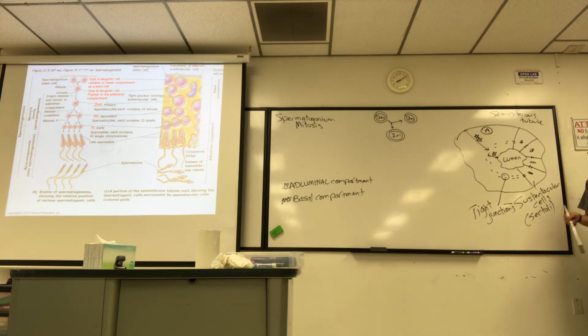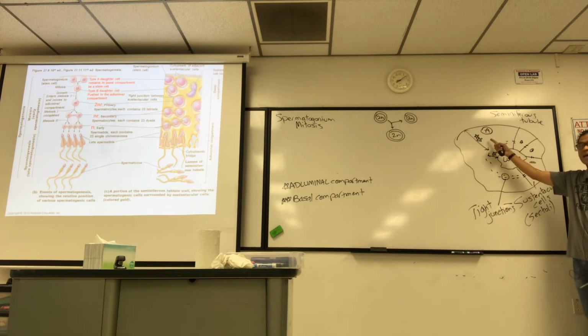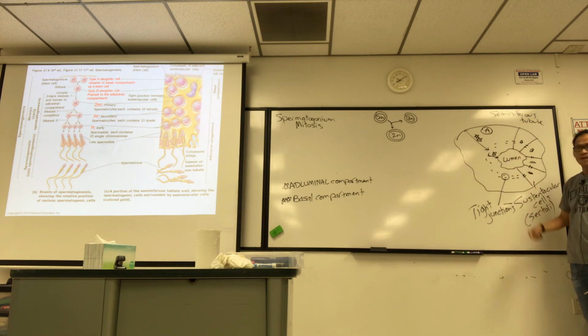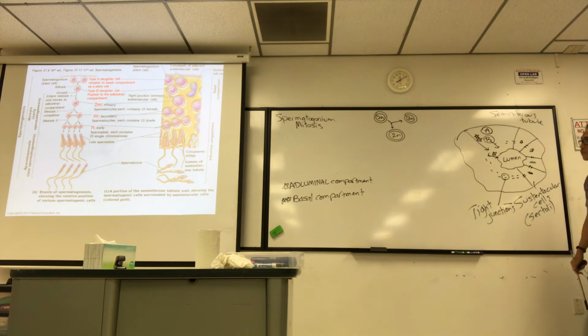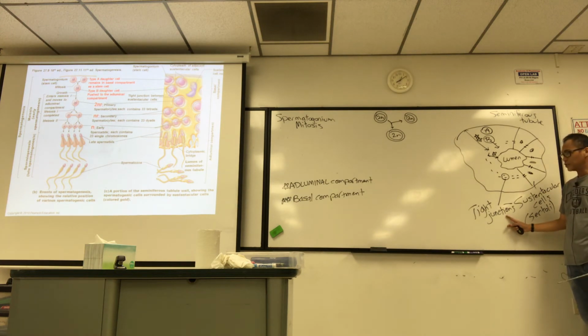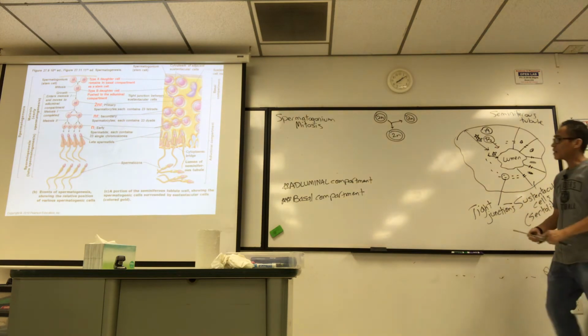You have to stay here so the man can remain fertile. As long as you got mitosis of these cells, you're always going to have sperm. You won't run out. But you got to take some of them to become sperm. So you take half of them, say the B's, and you push them to the adluminal compartment for further maturation. They squeeze past the tight junctions of the sustentacular cells. So that's what's going on there.